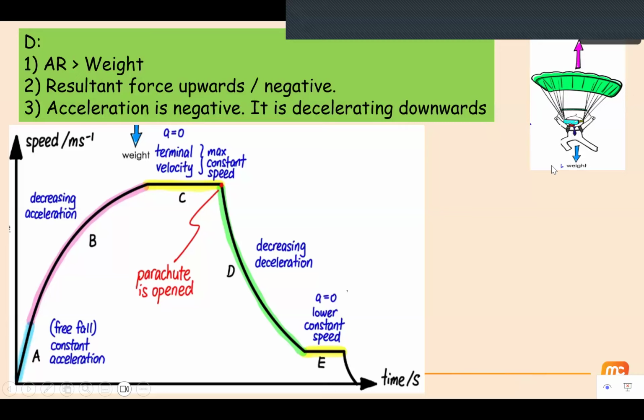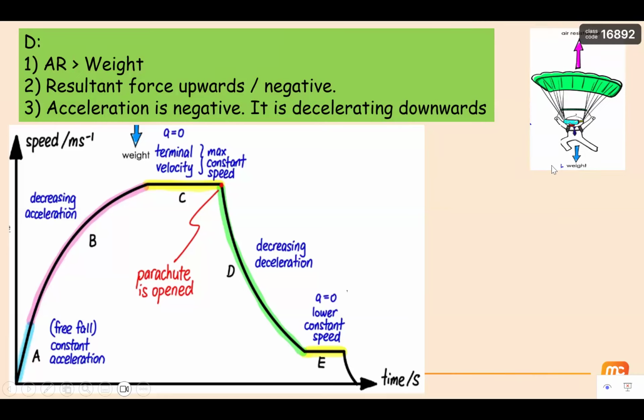But the parachutist is still moving down. It doesn't mean that because the resultant force is up, the parachutist is moving up. Like what I mentioned in the first part of dynamics, an object will still continue its direction, just that the acceleration and deceleration will change. So now, my resultant force is upwards, or I would say that the resultant force is negative because it's opposite to its motion. So the second part is this.